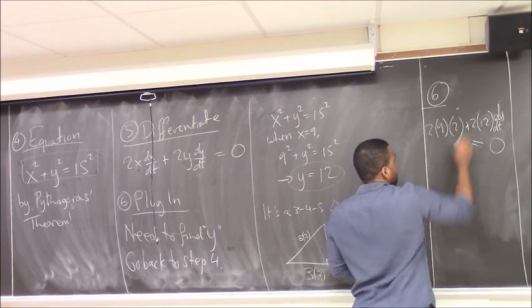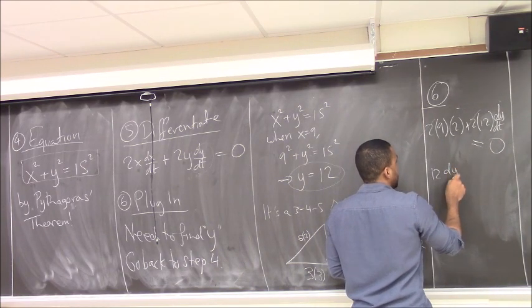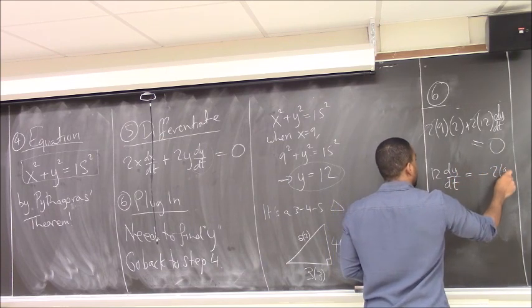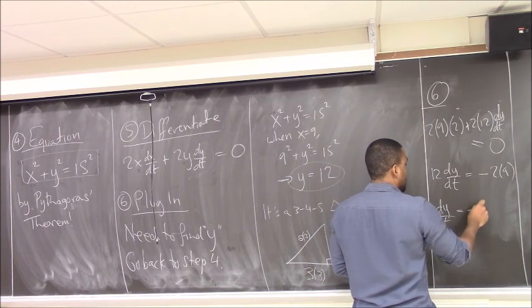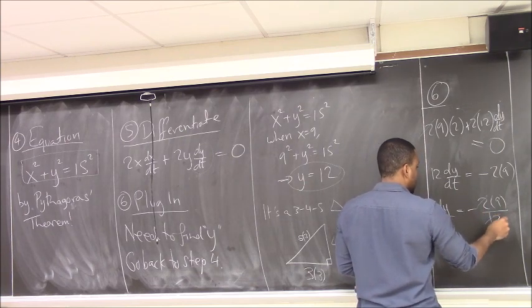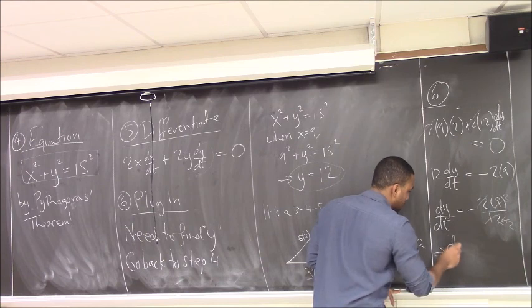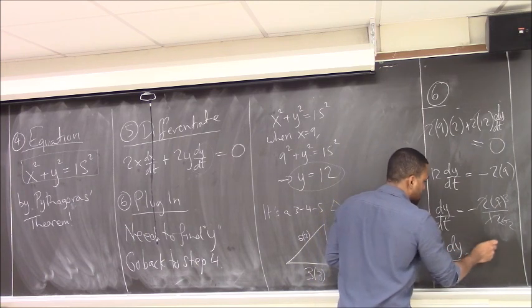I can divide both sides by 2, so I get 12 dy dt is equal to minus 2 times 9, and so my dy dt is equal to minus 2 times 9 over 12. 3 into that goes 2, 3 into that goes 6. So my dy dt equals minus 3 over 2.